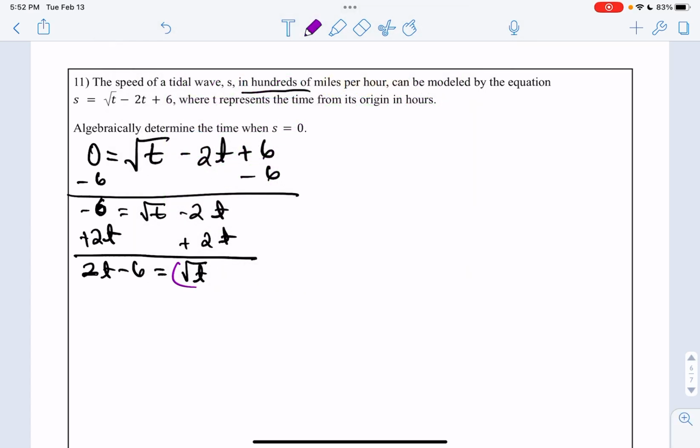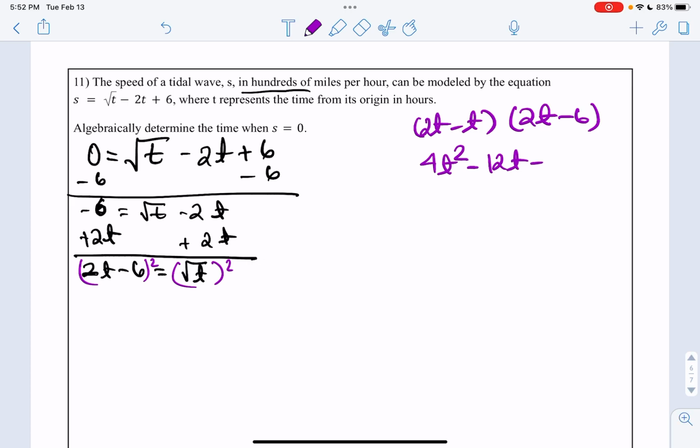We're going to do inverse operation to get rid of the root. We square. That leads us to 2t minus 6 times 2t minus 6, which gives us 4t squared minus 12t, and then we have to do it one more time. 2t times 2t is, oh, this is a minus.